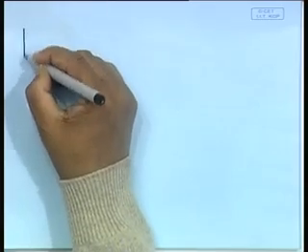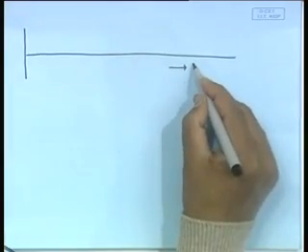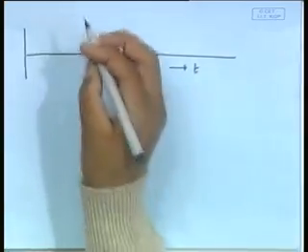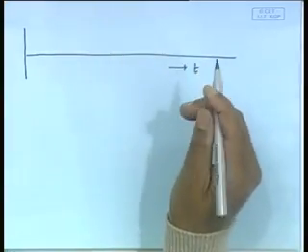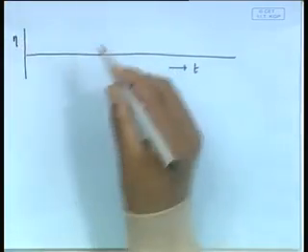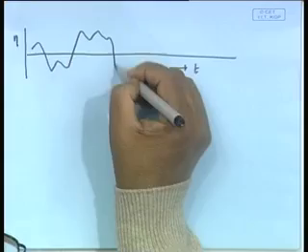Now obviously, when a signal is random, supposing I take t versus eta, the graph will typically look something like that.